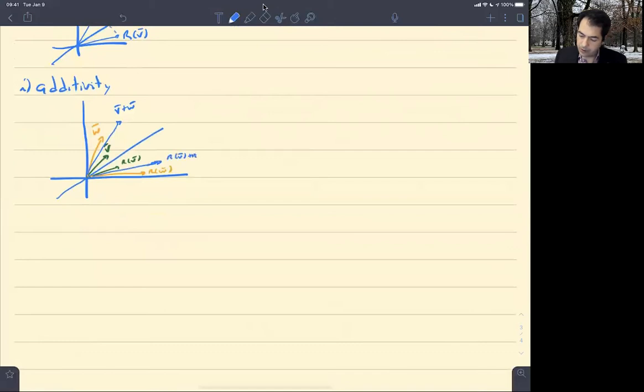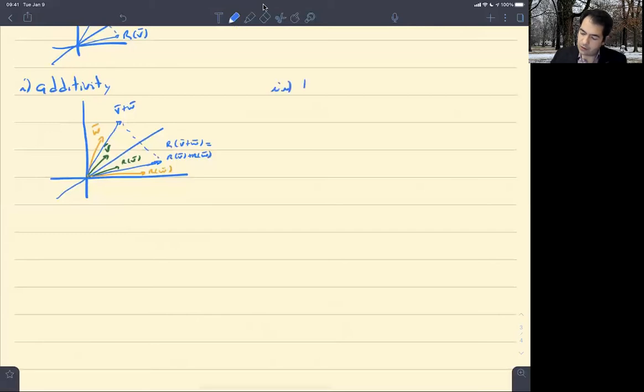R of v plus R of w. And if you draw this carefully, you see that this is also what you get from doing R of v plus w. Okay, so that picture, properly drawn, is meant to convince you of additivity.